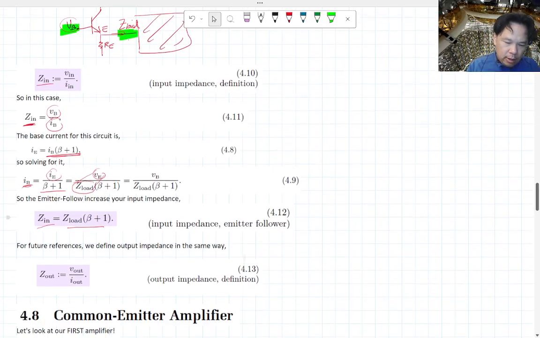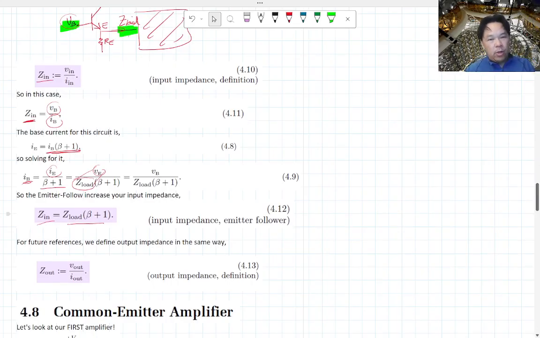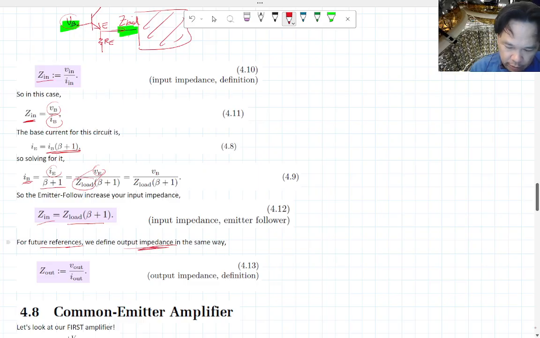This is very useful because you want your device to have high input impedance so that you're not drawing too much current on your voltage divider or whatever you're connecting to. Therefore, you're not affecting the other device you're connecting to. So it's the output that you're connecting to input, so you're not affecting the output side of the other device.